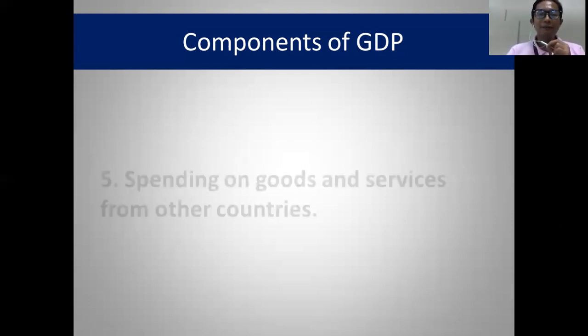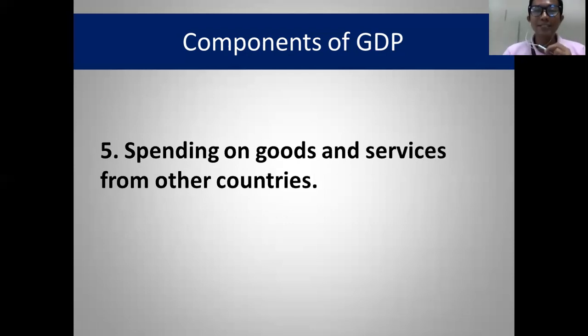And the last component, the fifth and the last component of GDP slash aggregate demand is the spending on goods and services from other country. How does this differ from the export?